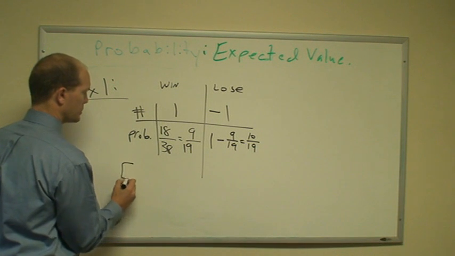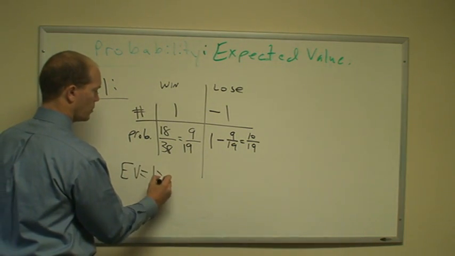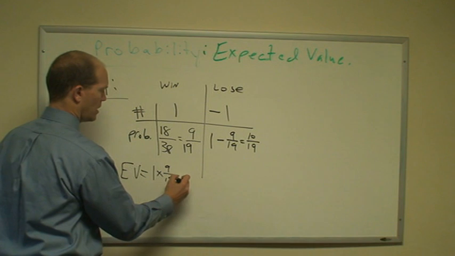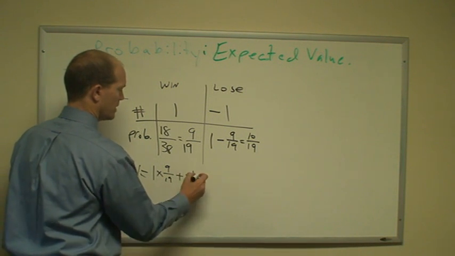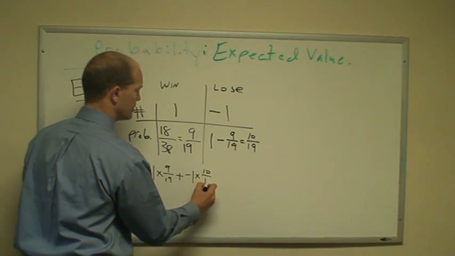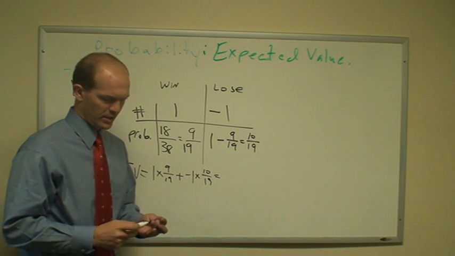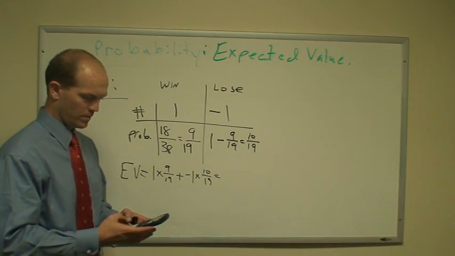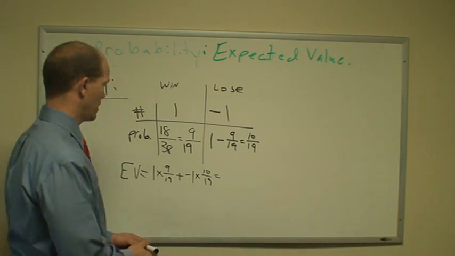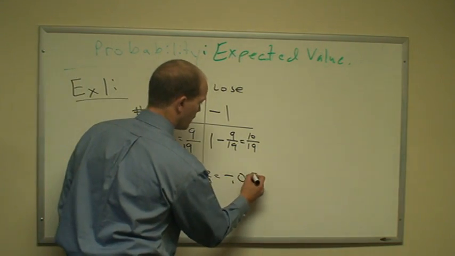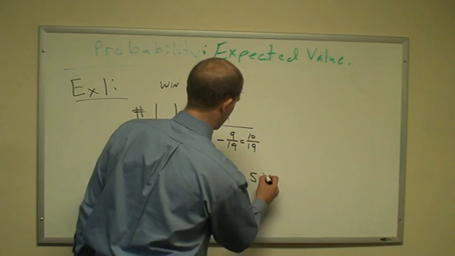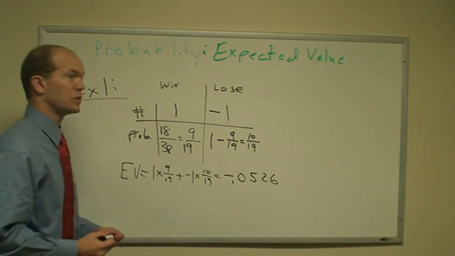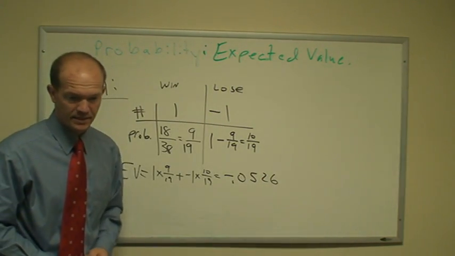So the expected value here would be 1 times 9/19 plus a -1 times 10/19, which is going to work out to be a negative 0.0526 or so.